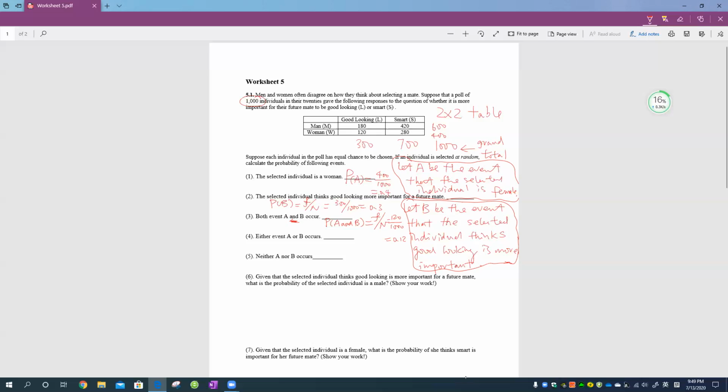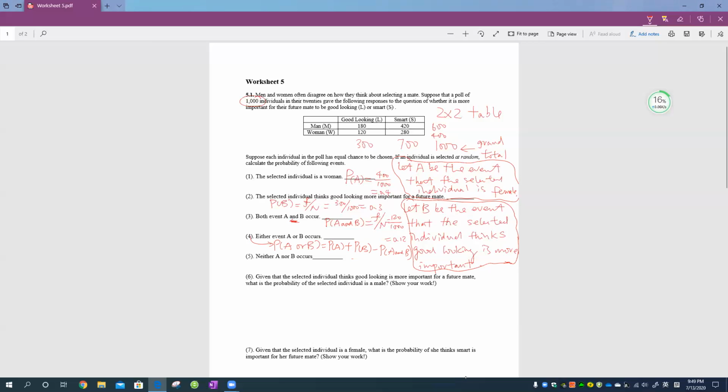And then either A or B occurs. That's the addition rule. So we just say probability of A or B equals probability of A plus probability of B minus probability of A and B. Then we can just plug in.